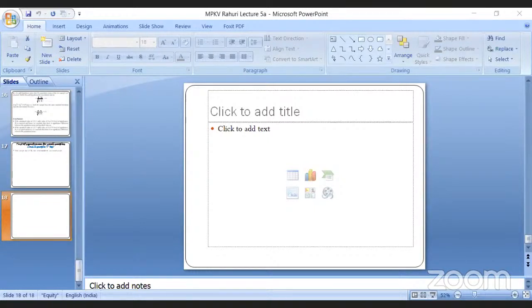Now, can you see the slideshow? This empty slide with this maximized. No, sir.